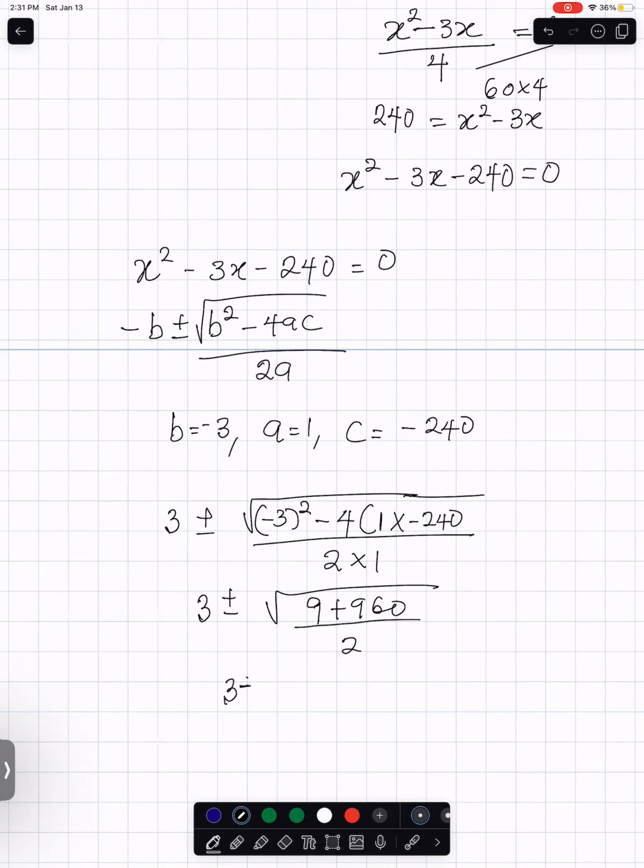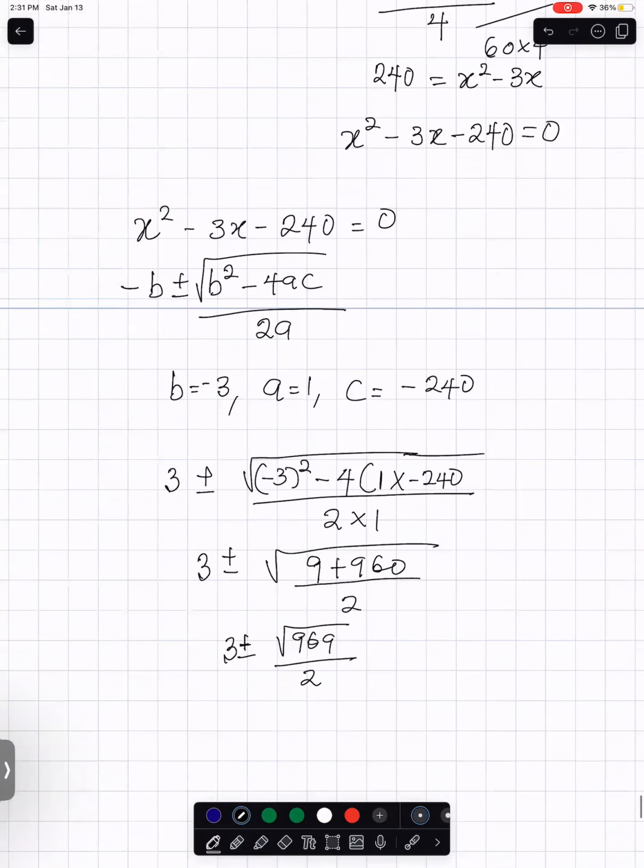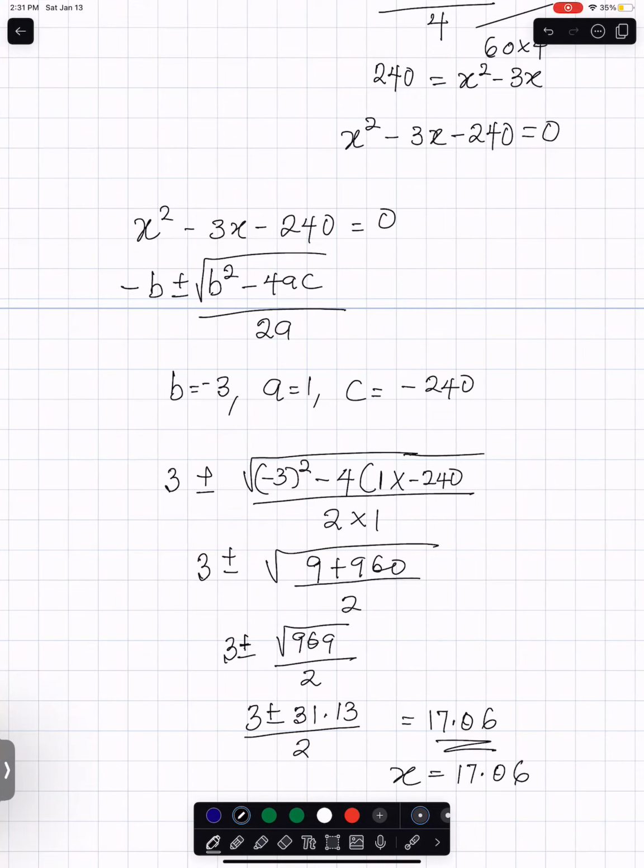So we have 3 plus or minus the square root of 969. That gives us 3 plus or minus 31.13 divided by 2. So 31.13 divided by 2 is equal to 17.06. So the value for x is 17.06.